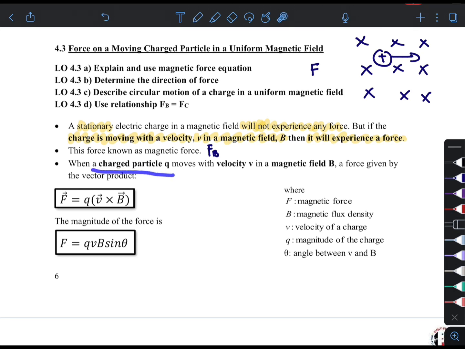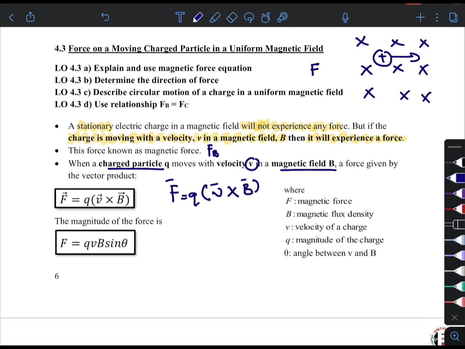When a charged particle Q moves with velocity v in a magnetic field B, the force is given by the vector product. So the force that we are going to get is F equals Q, where Q is the magnitude of the charge, bracket v, the velocity of the charge, cross product with B, the magnetic field.